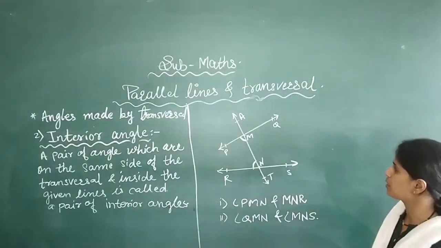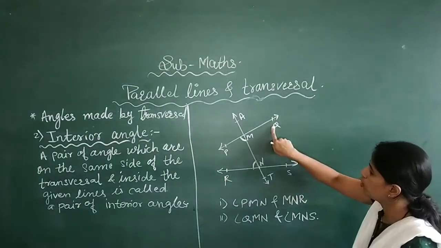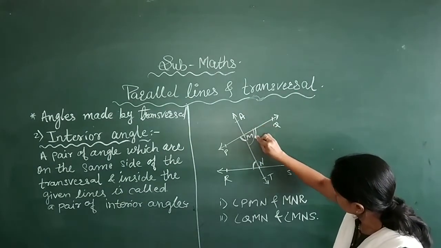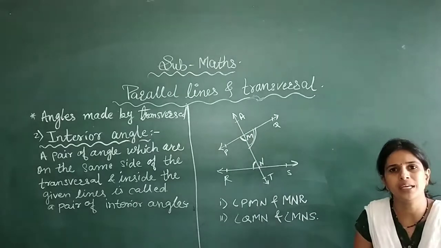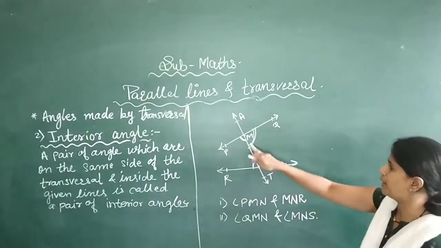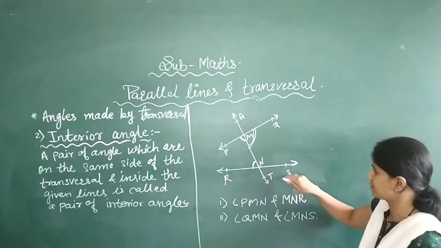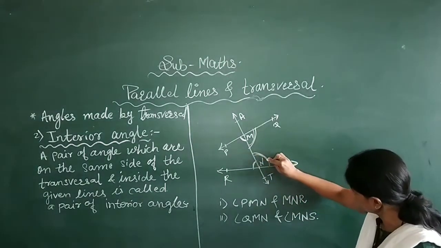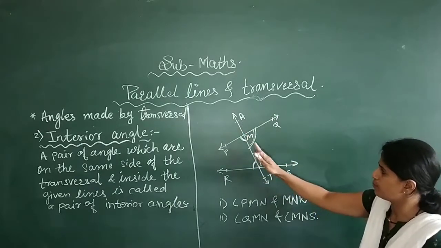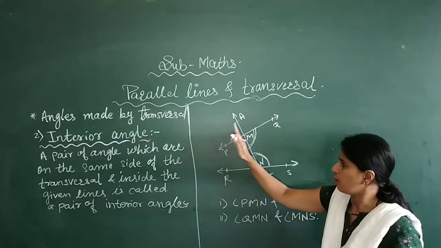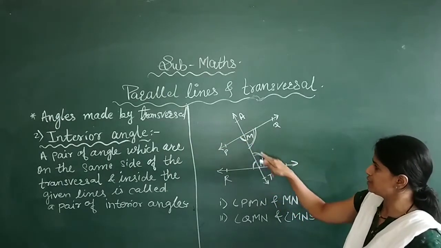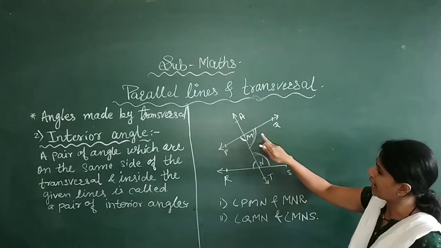Now the next example, see QMN, this. Now you tell me which one is the pair of this angle? Very simple, MNS, this angle. This is also on one side and inside, and this also is on one side and inside.